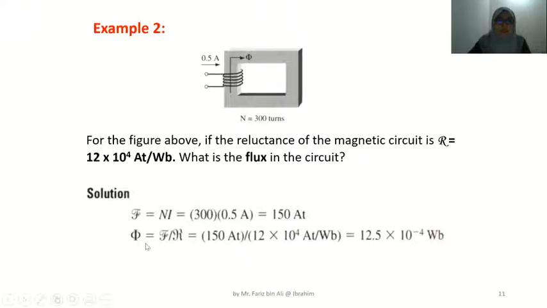Then the flux is F divided by R, which gives you 150 ampere turns divided by the reluctance, 12 times 10 to the power of 4. Then the flux is 12.5 times 10 to the power of minus 4 Weber.